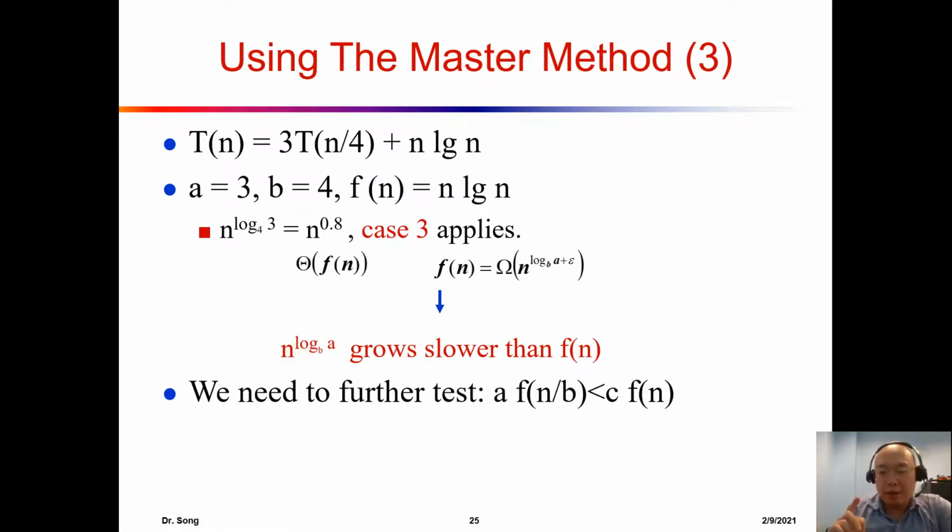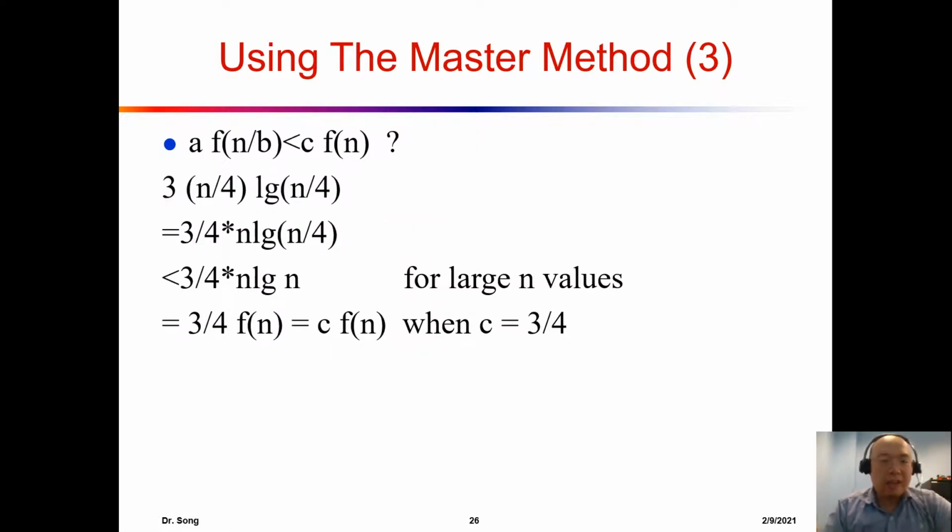So we kind of figured out the first part. And how about the second part? We want to test this. A times Fn divided by B is smaller than C times Fn, and C has to be a value smaller than 1. Is that true? So let's plug in the numbers and the Fn and see. What is Fn? Fn is n log n, right? So we plug in the A here, B here, and the Fn is n log n.